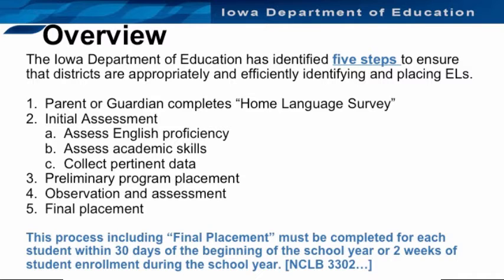Step 3. Preliminary program placement. Step 4. Observation and assessment. Step 5. Final placement. This process, including final placement, must be completed for each student within 30 days of the beginning of the school year, or 2 weeks within student enrollment during the school year.